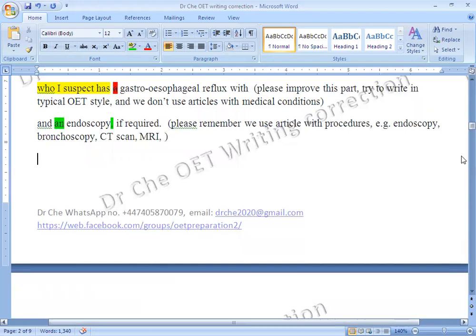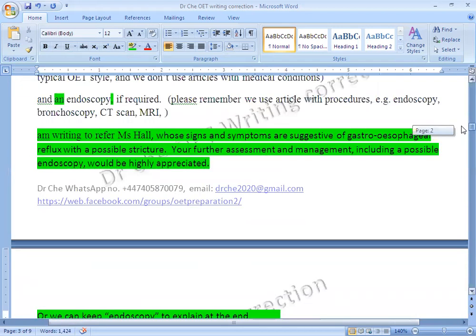Can you read here, please? Yes, I'm writing to refer Miss Hall, whose signs and symptoms are suggestive of gastroesophageal reflux with a possible stricture.